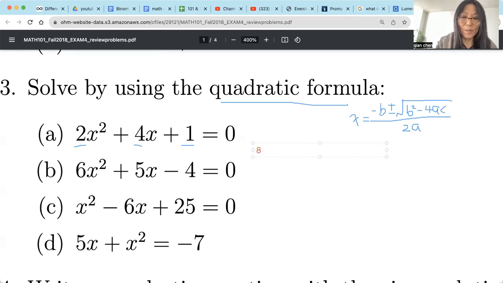So the discriminant is 8. Then negative b is negative 4, plus or minus the square root. Then all divided by 2a. Well, a is 2, so all divided by 4.